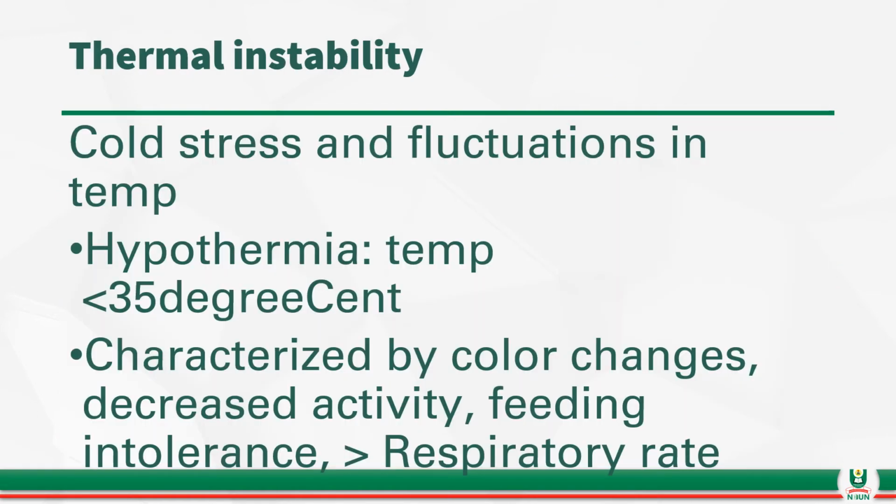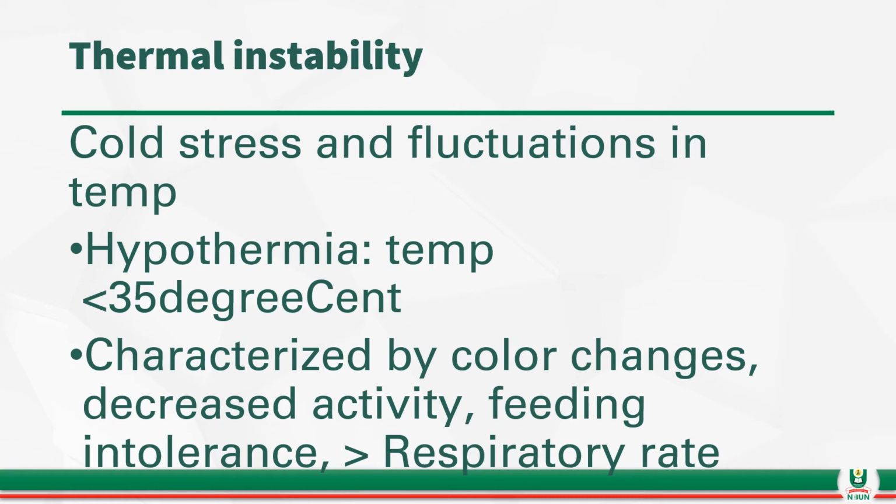Now, hypothermia is a temperature below 35 degrees centigrade. Usually at birth, babies could have what we call thermal instability. Such thermal instability could result from what we call cold stress and fluctuations in temperatures after birth.